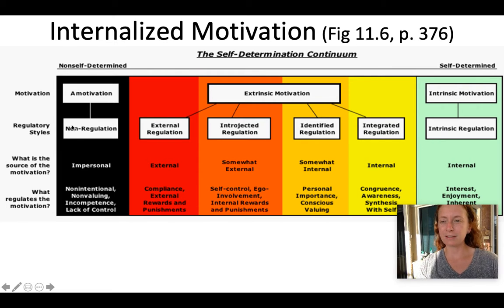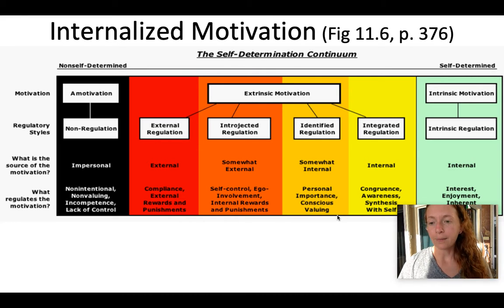And you've got different types of regulatory styles, and that kind of talks about, do you need external rewards to motivate you, or are you totally regulated on your own? What's the source of your motivation, and what regulates the motivation? And so this is a really cool diagram to look at when you're trying to internalize self-determination theory. It's really good. You can spend some time and pause and look at it and explore it a little bit.